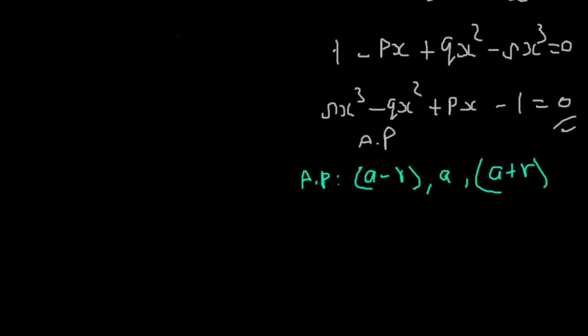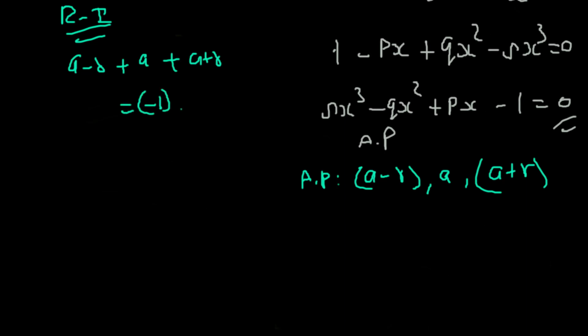Now let's use any one relation, for instance, relation 1. By using relation 1, we know that alpha 1 plus alpha 2 plus alpha 3 will be equal to minus 1 a to the power 1, which is minus q, over a to the power 0, which is r.